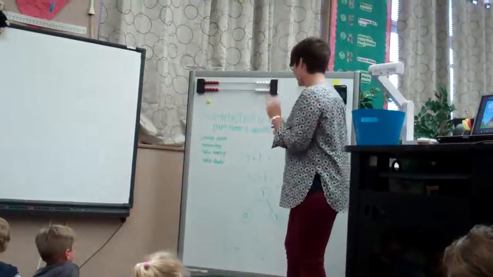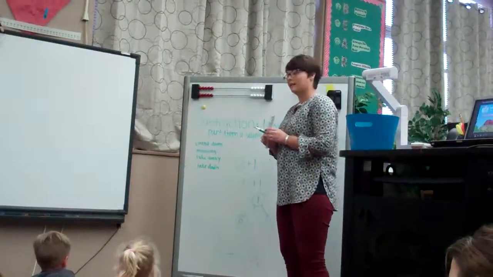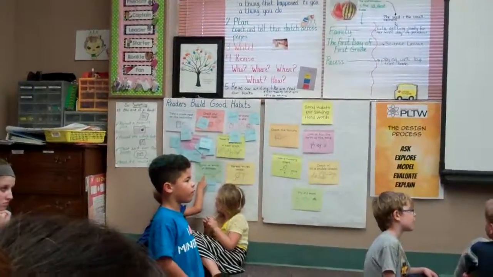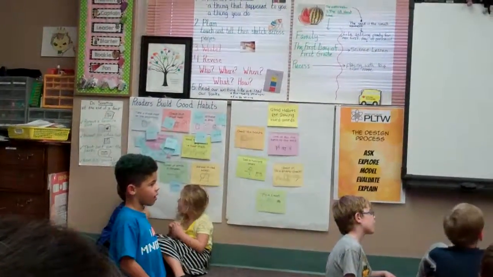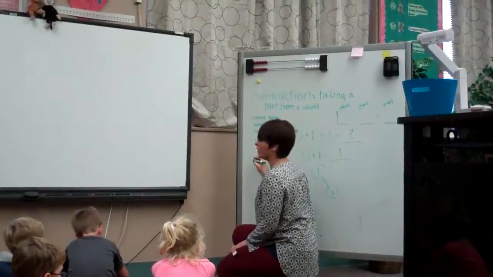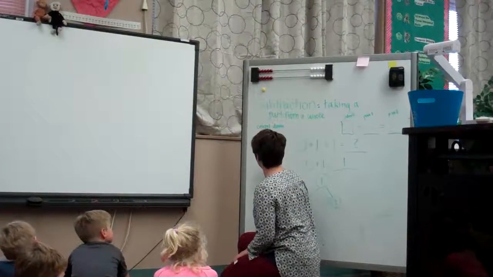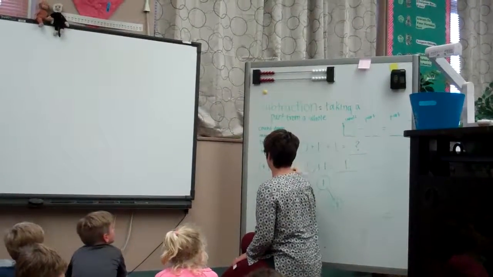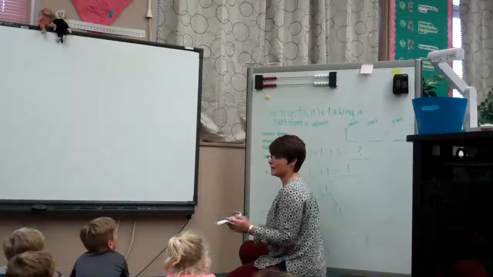So Wyatt, what was the problem that you saw? I saw 0 plus 1 plus 1 plus 1. Okay, so do you have a different problem than Jenna did? No, I had 1 more 1 is what I saw. Okay, so you saw one ladybug plus another ladybug equals, so how many ladybugs? Oh, no, that's not what I saw.